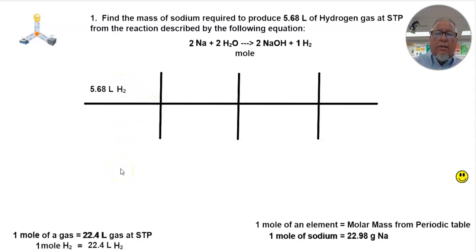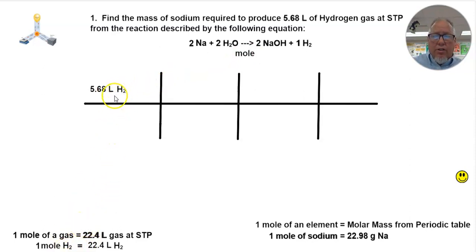So now when I'm looking at the conversion factors that I can use, I have this one over here. This one does not have anything about liters in it. I have the conversion factor that would use a balanced equation, which is about going from moles of one thing, whatever it is, to moles of something else. Well, that's moles to moles. I don't have that unit. I have liters. So I have to use this one down here.